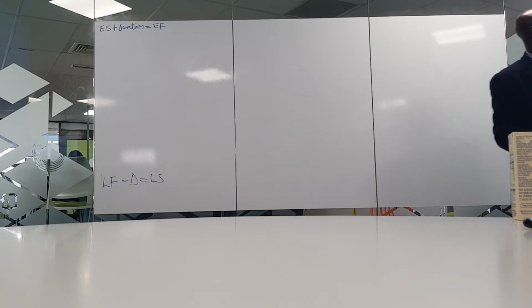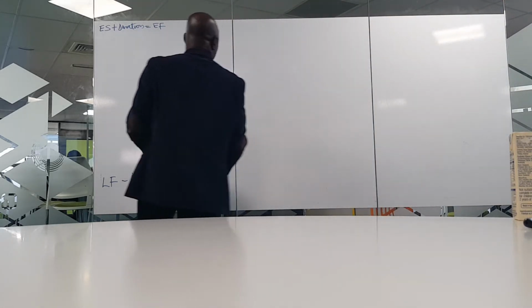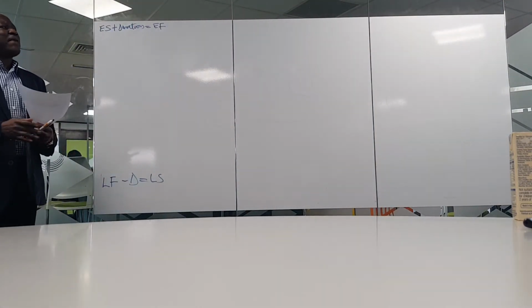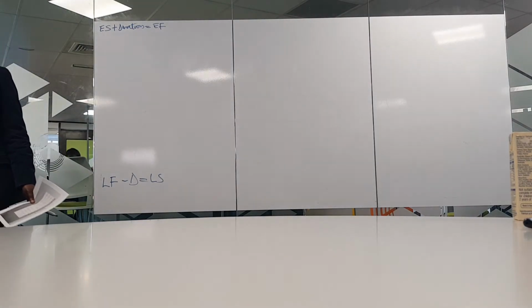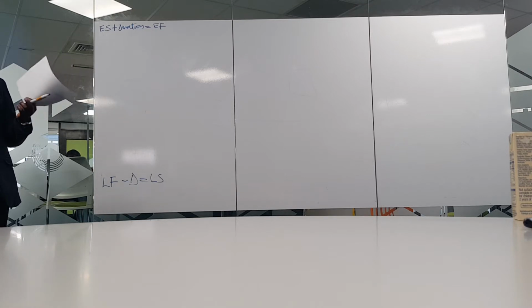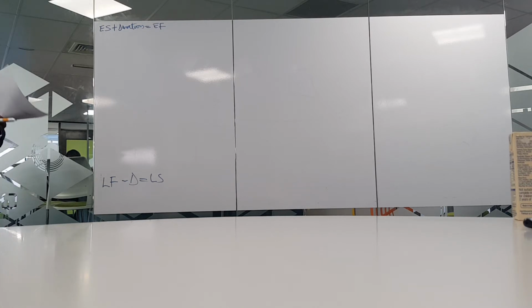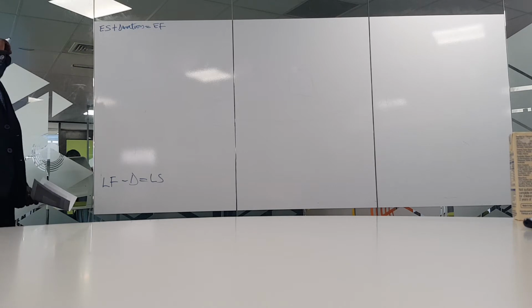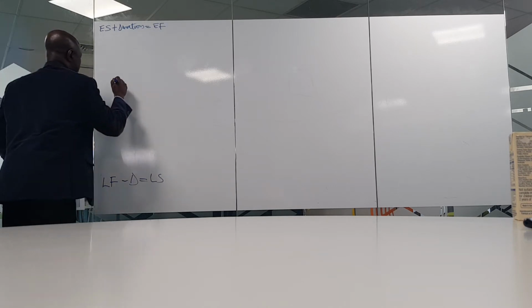Now, we have A, and it says A is preceded by nothing. So if A is preceded by nothing, we're going to start from 0. The last time we started from Start, but now we start from 0 because A is preceded by nothing. So A is the beginning of the activities, and A is here.